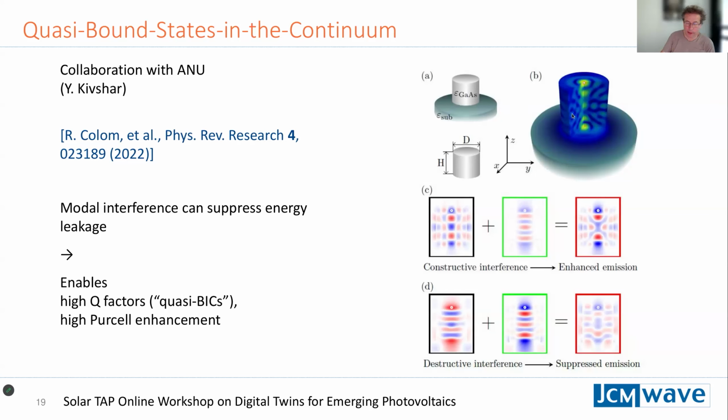So the geometry can support at the same energy various modes where the radiated field then interferes with the field of the other modes, and this essentially leads to so-called quasi-bound states in the continuum.